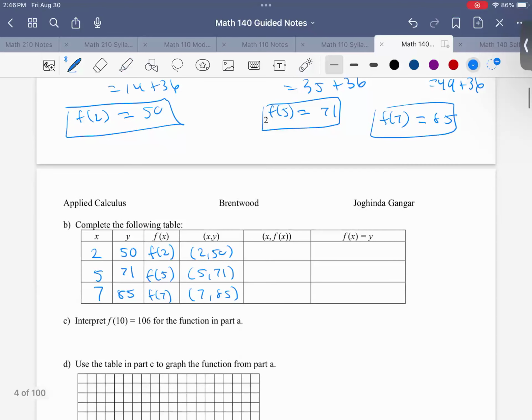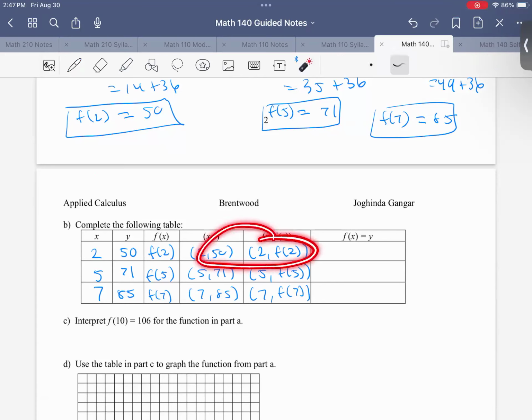But that's literally the same thing as saying (2, f of 2), (5, f of 5), and (7, f of 7). These are literally the same exact things, just a different notation for meaning output.